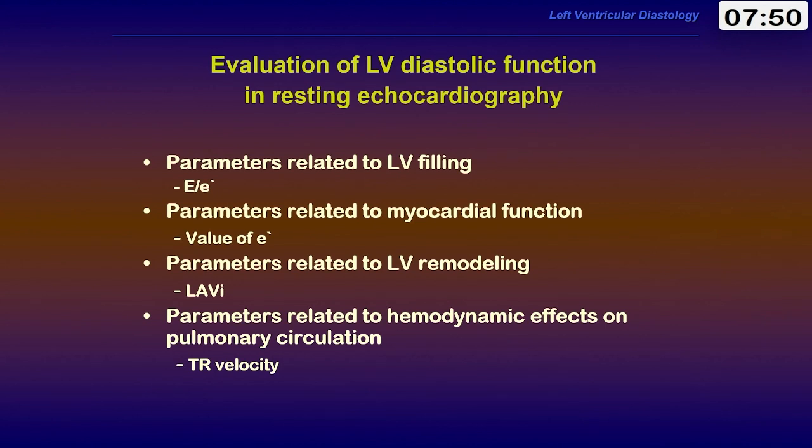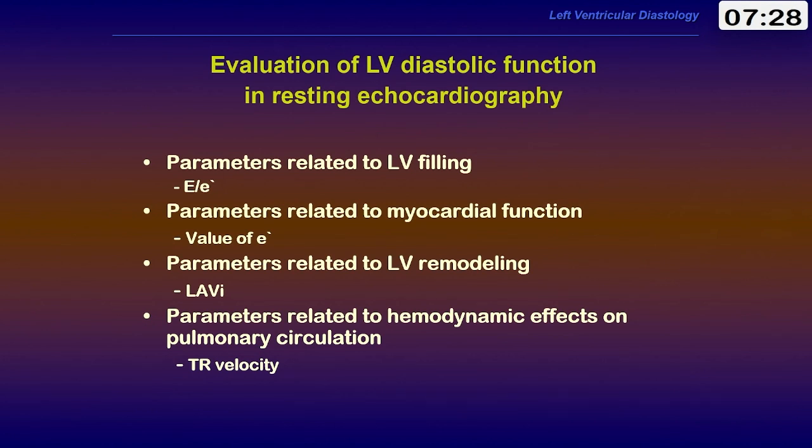What are the parameters that you should measure when you assess diastolic function, in addition to the usual waves I mentioned before? We have parameters related to left ventricular filling, which is the E over A. You have parameters related to the myocardial function itself.